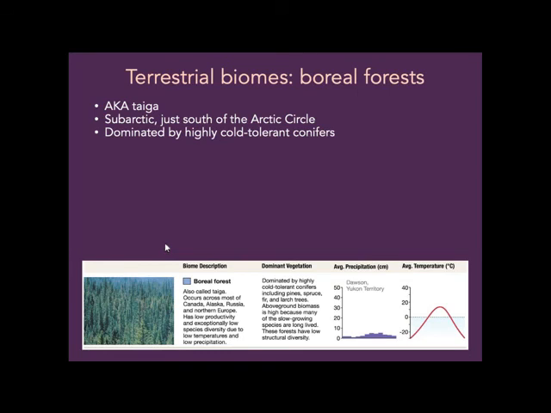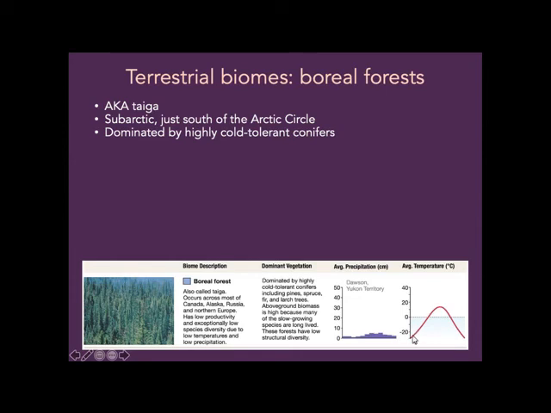All right, so the next biome is the boreal forest. Another name for a boreal forest is a taiga. They are subarctic, meaning just a little bit south of the Arctic Circle. And if you go there, you'd find that they have all of these cold-tolerant conifers, so these kind of cone trees that are specially adapted to live in such a cold place.